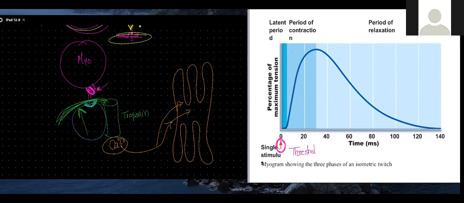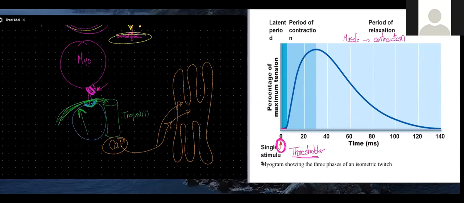What's a threshold stimulus? A threshold stimulus is the minimal stimulation that causes the excitation of a muscle cell to perform a contraction. So if I receive a threshold stimulus, a muscle will contract.